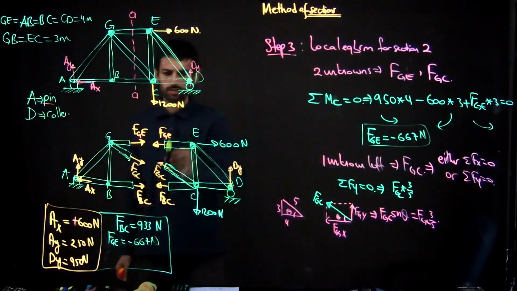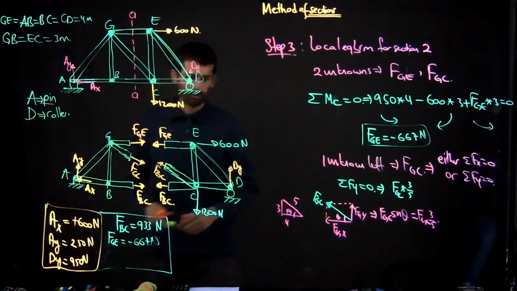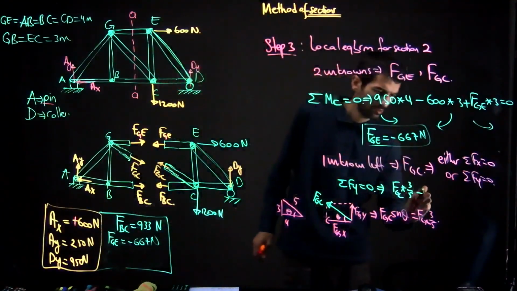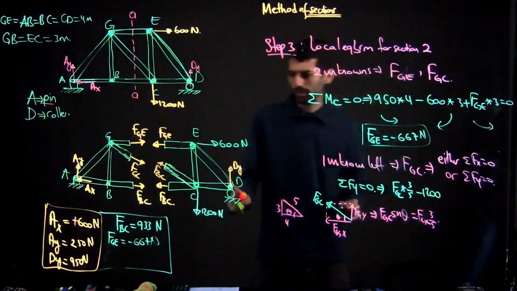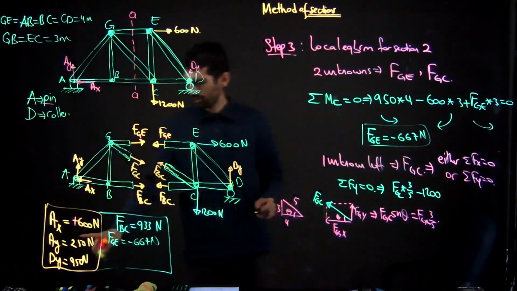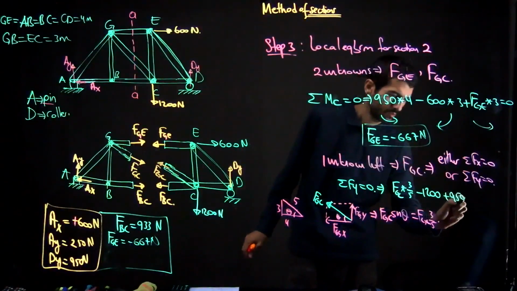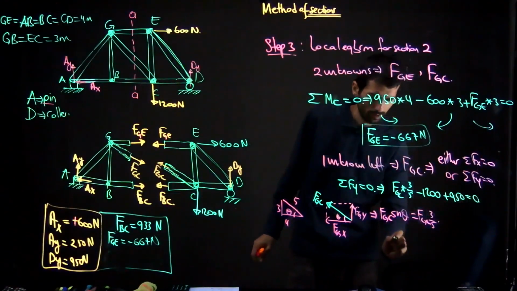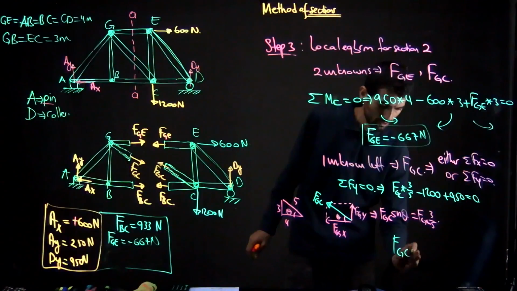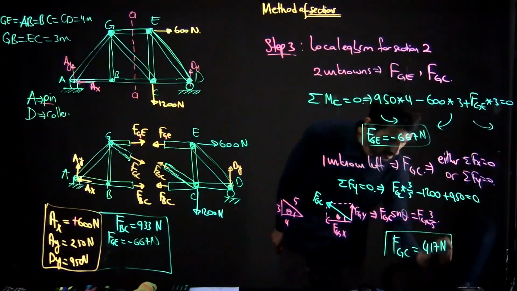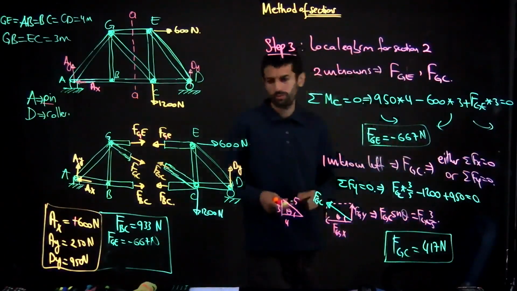Positive 1 force, second force, which is negative 1200, and 1 is DY, which is positive 950. From here, it follows that FGC is a positive value.